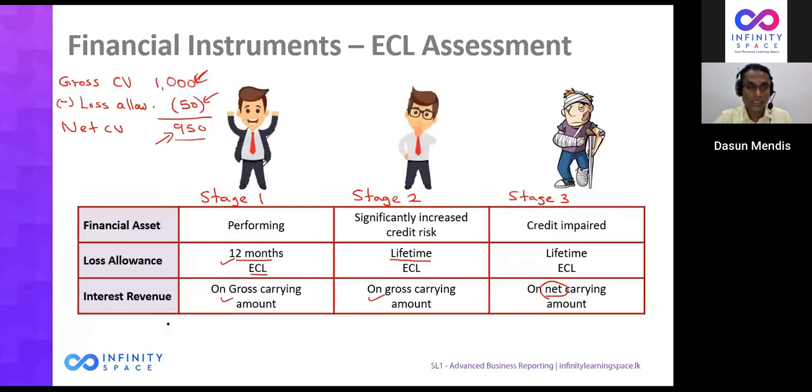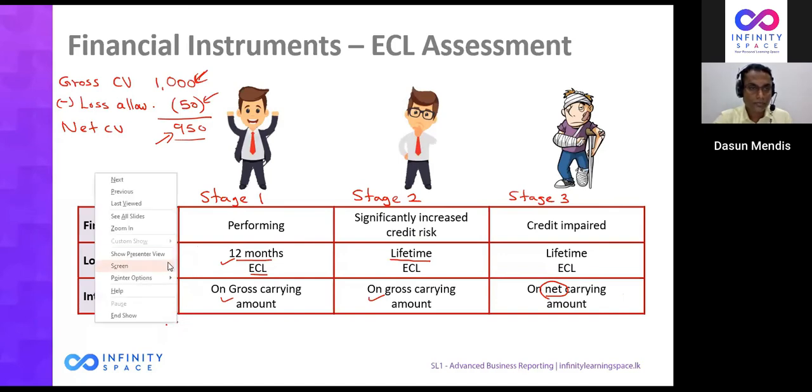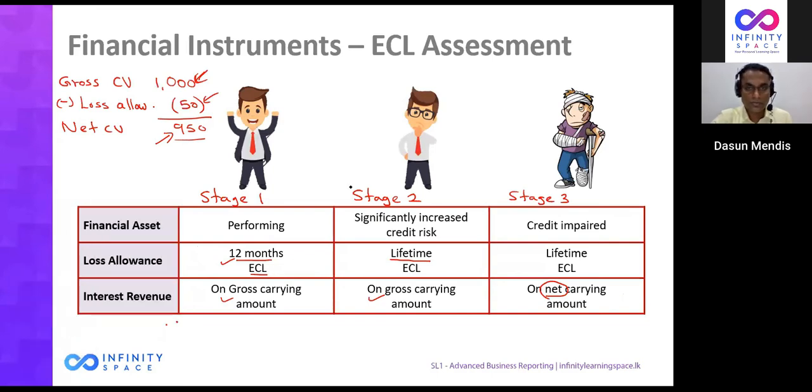Now the normal rule. I'm talking about the normal rule first. Under the normal rule, if a borrower doesn't pay me and is more than 30 days overdue, that means there's a due date, and after even 30 days, if the borrower has not paid me, then there's a rebuttable presumption that the loan has to be classified from stage 1 to stage 2.